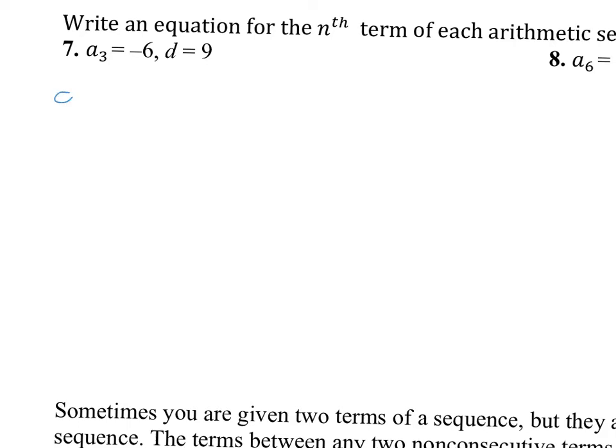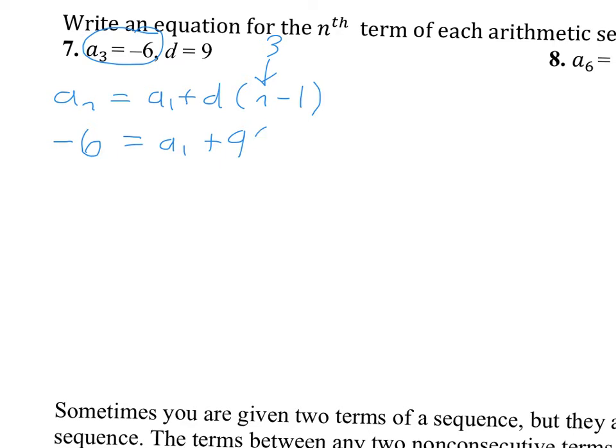So first thing we're going to do is plug into this formula to find the missing information, which looks like N. We can temporarily plug this in for AN. So the third term is -6. We don't know A1. We do know D. And remember, I plugged in A3. So for now, I could plug in 3 for N. And I'm only doing this to find A1.